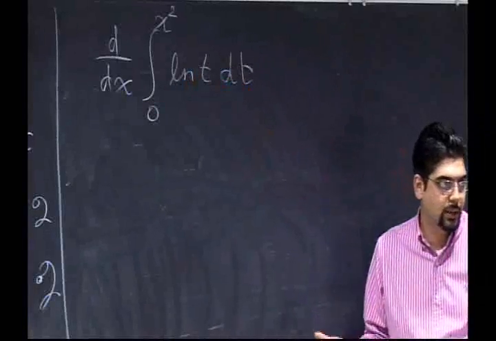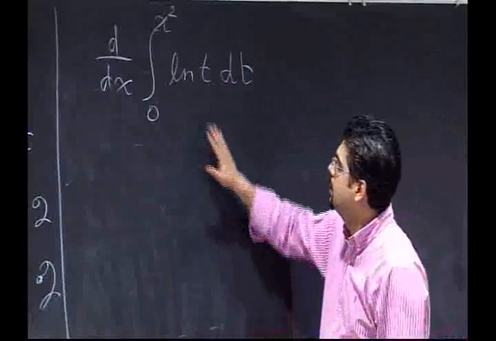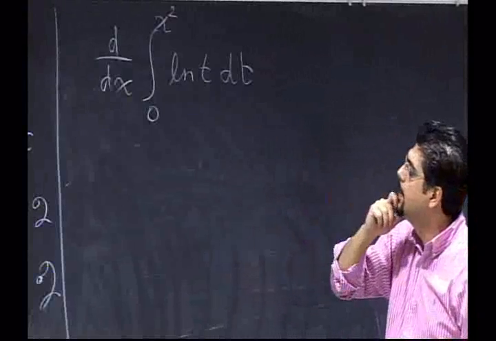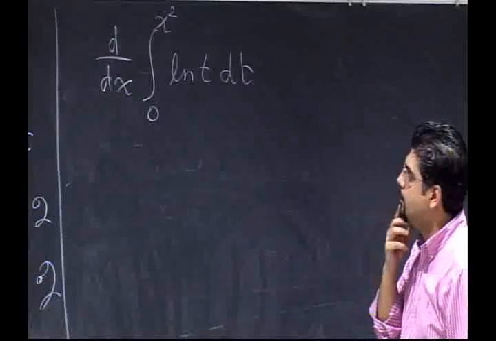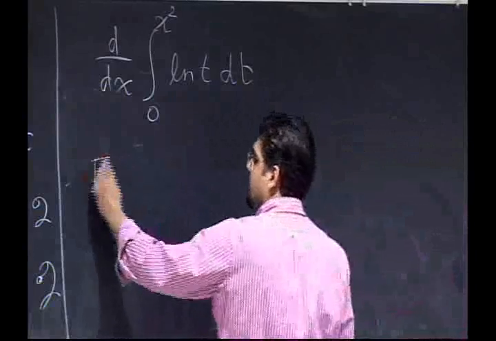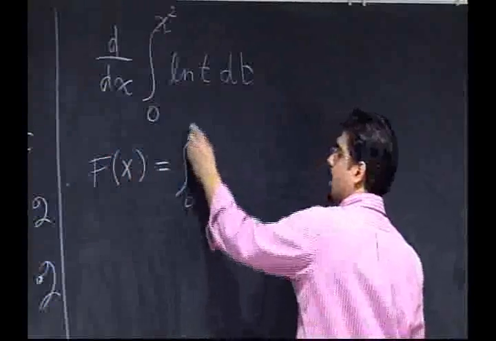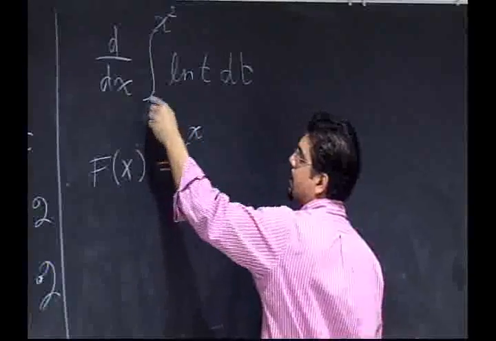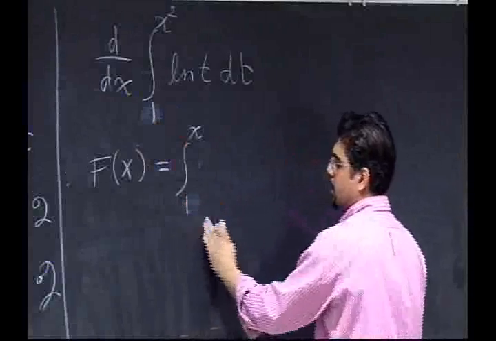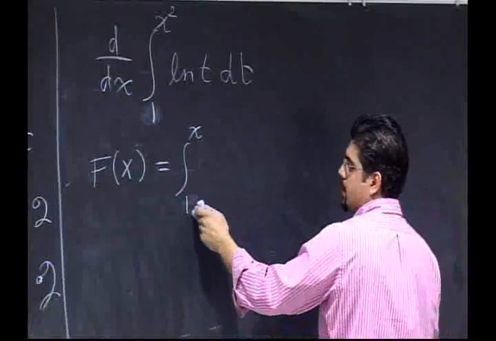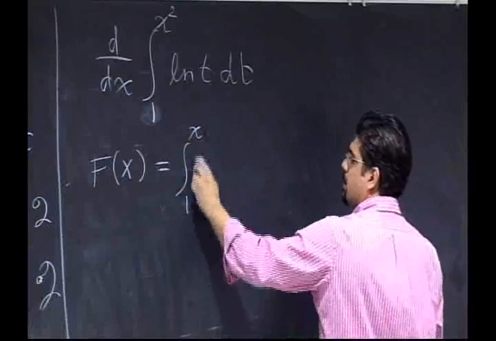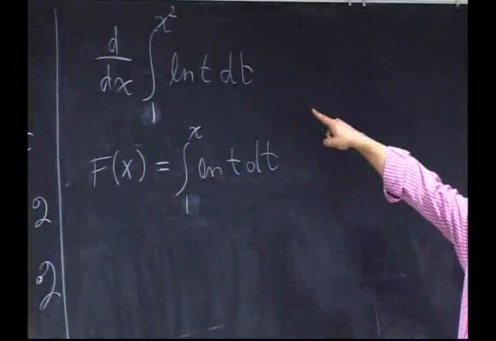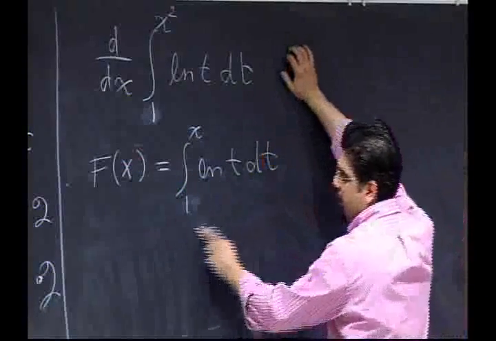Now I know we don't know anything about logarithms in this class per se, but just think of it as some function called ln. Anyhow, again, we're talking about a function from 0 to x. Actually, let's make this from 1 to x squared. So if f of x was the integral from 1 to x of ln t dt, then we'd be okay. But we could write this question in terms of capital F.